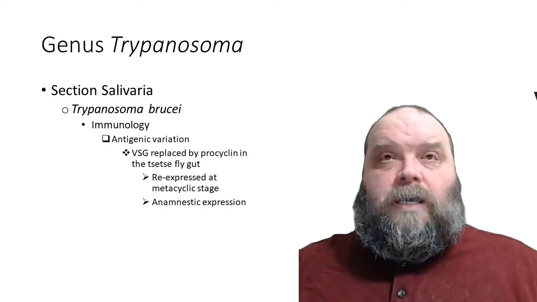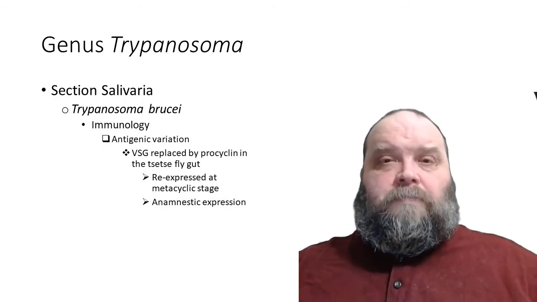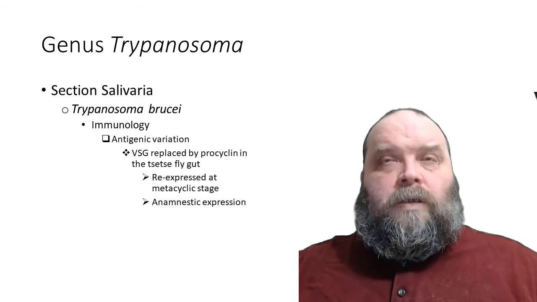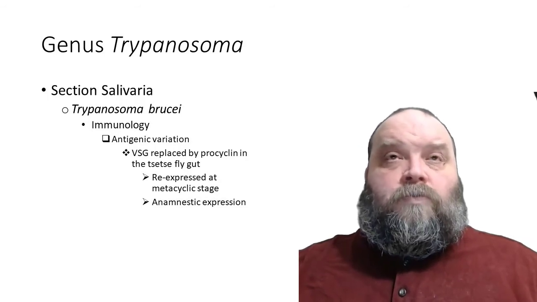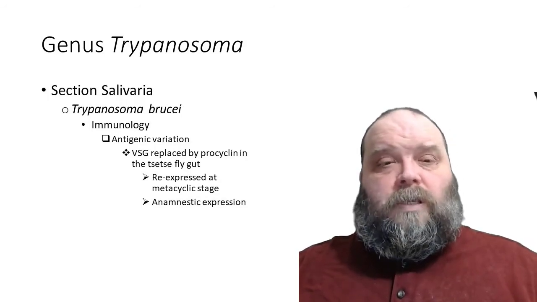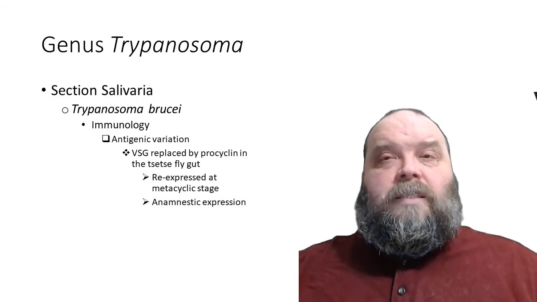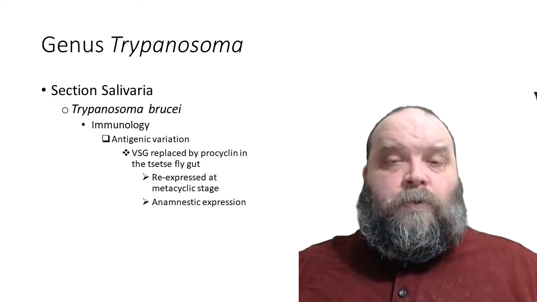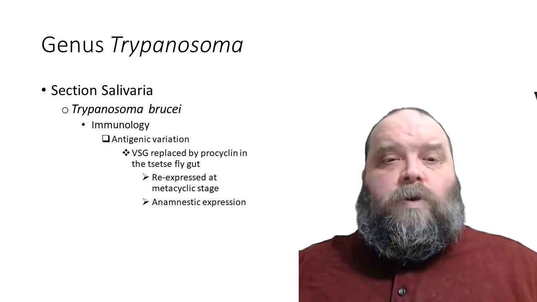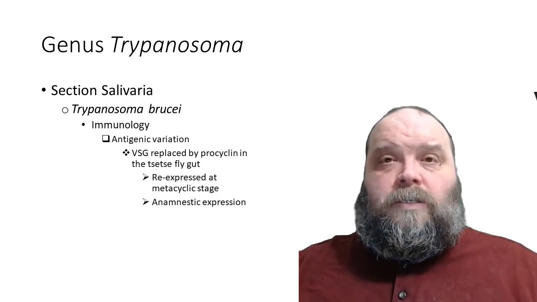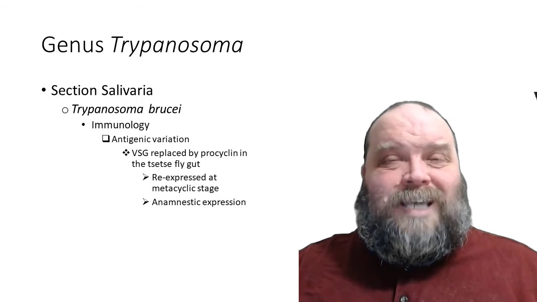What's interesting is that during the blood meal, when the tsetse fly takes up the trypomastigote into its gut, we see that the variable surface glycoproteins, the VSGs, will be replaced by a protein known as procyclin.